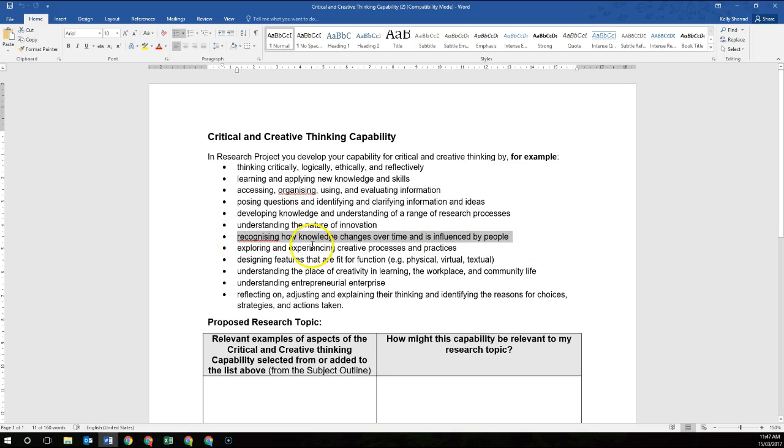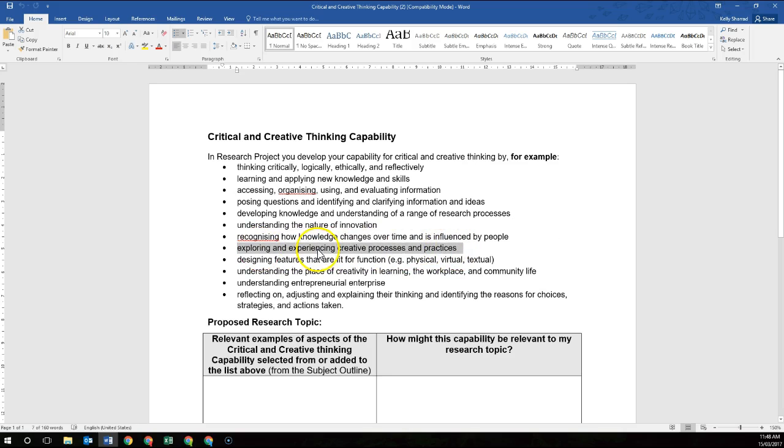Looking at this one here, recognizing how knowledge changes over time and is influenced by people. The way that you would address this capability is by saying that you are actually researching using the most relevant information, the youngest information, because you know that knowledge changes over time. And that's how you address that capability.